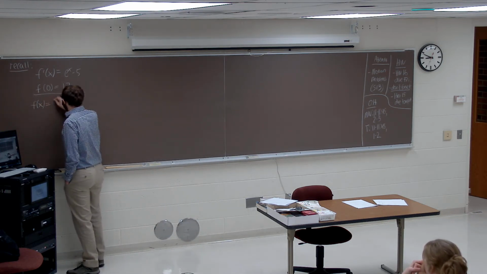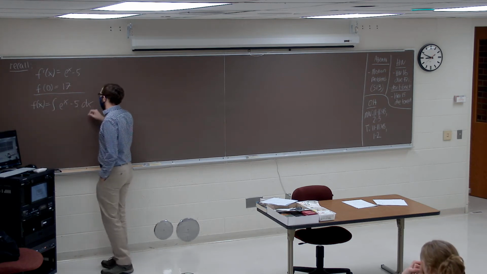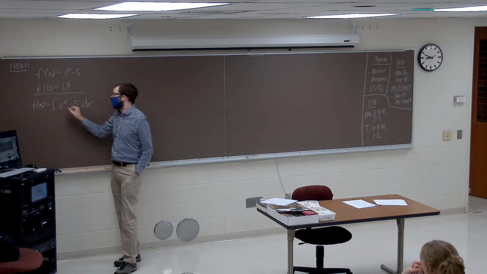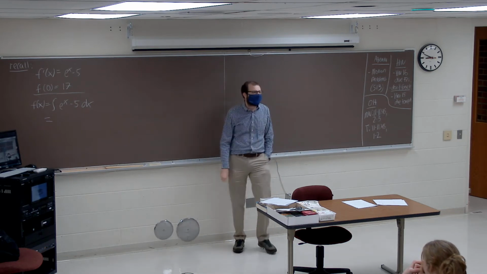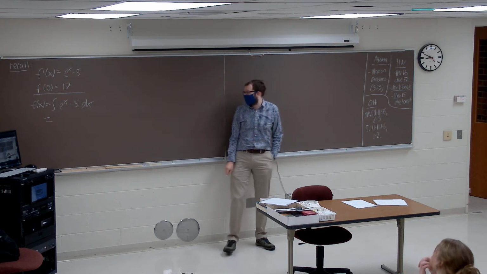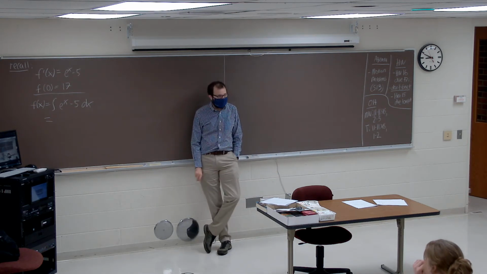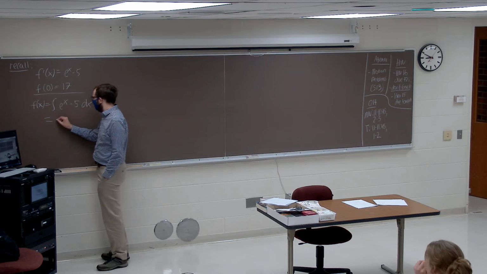So if f of x is going to be some antiderivative of e to the x minus 5, what would we get if we integrated that with respect to x? In other words, if we know that f prime of x has to have form e to the x minus 5, what does that tell us about what f of x has to look like? Sam? It's going to be e to the x minus 5x plus c.